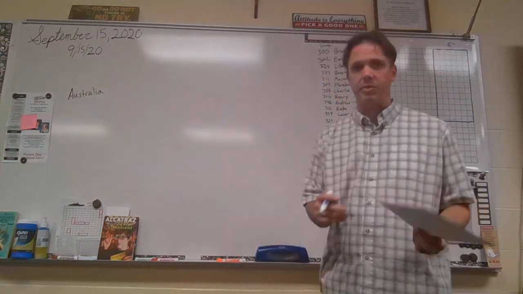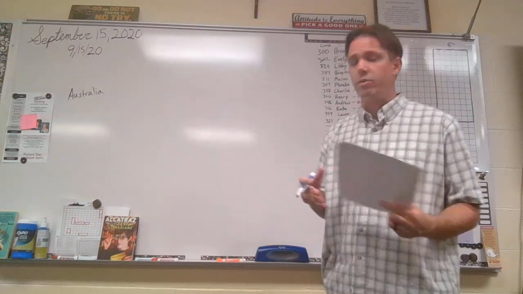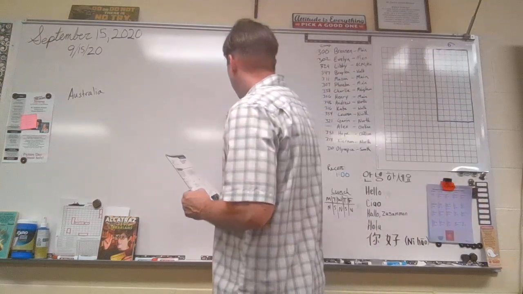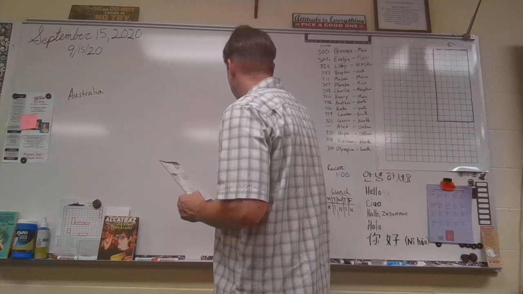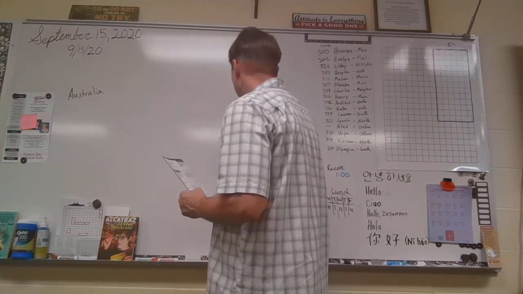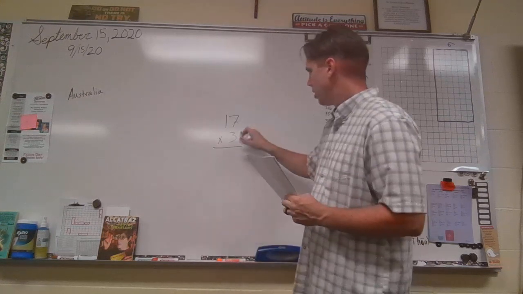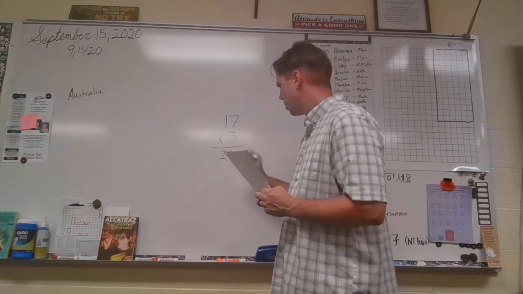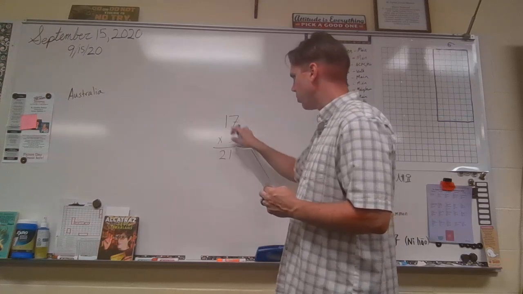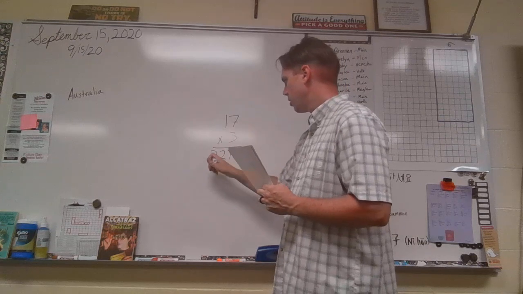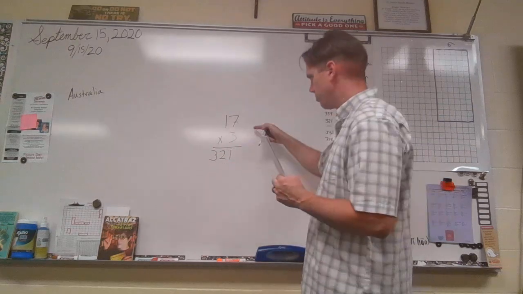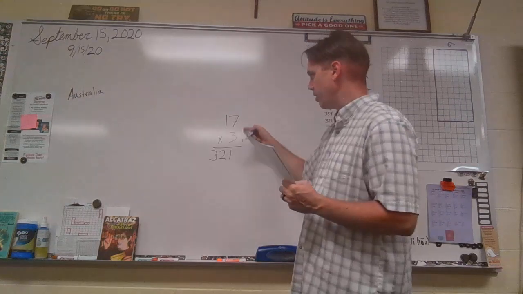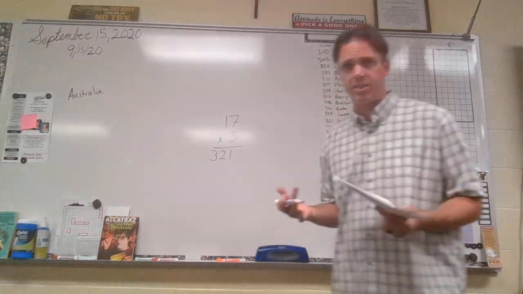However, a lot of the problems that we did in the last lesson would have had regrouping, right? So if we had, let's say, 17 times 3, 3 times 7 is 21. And then if you did 3 times 1 is 3, that doesn't look right. Because 17 is kind of close to 20, and I know that 3 times 20 is 60.